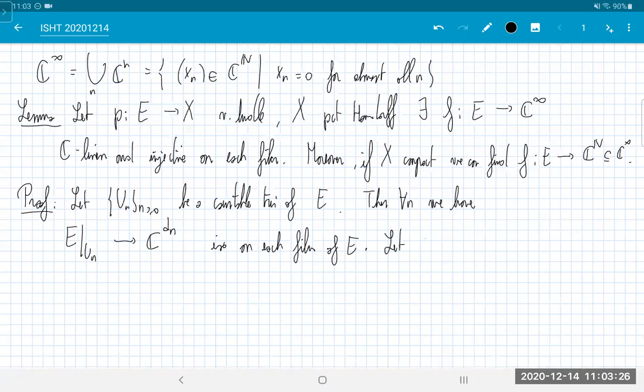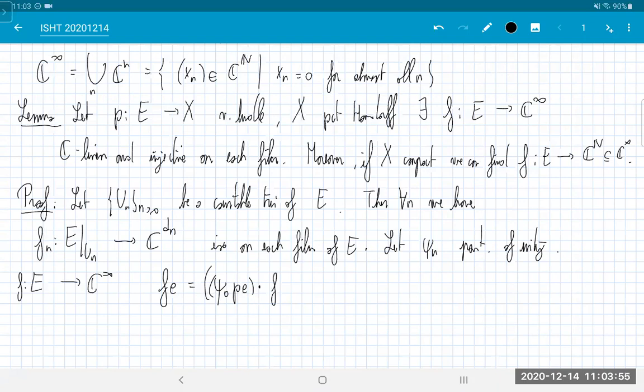Okay, let psi_n be a partition of unity, as usual. And then the map F from X to C infinity is exactly what you would think it is. Let me call them F_n. F(e) is psi_0(p(e)) times F_0(e), psi_1(p(e)) times F_1(e), etc., in C^{d_0+d_1+...}, that is in C infinity.